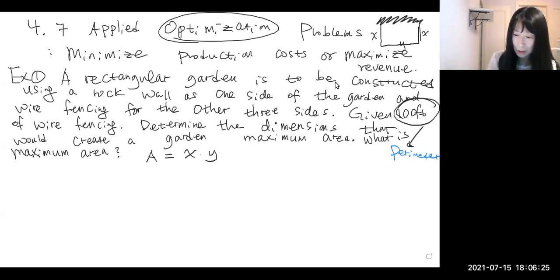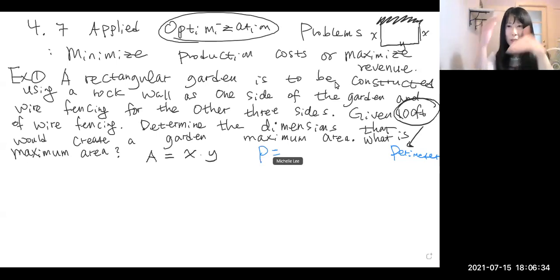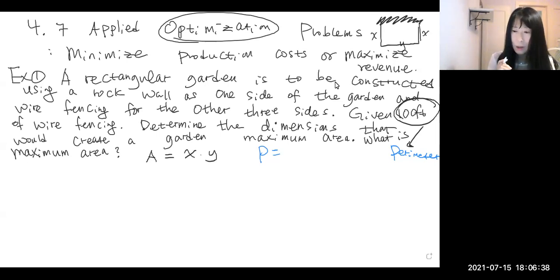Then what's the formula of perimeter? We add every side, right? In general, we write 2L plus 2W.